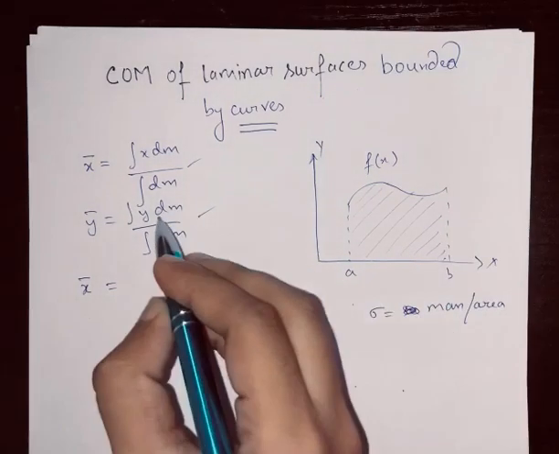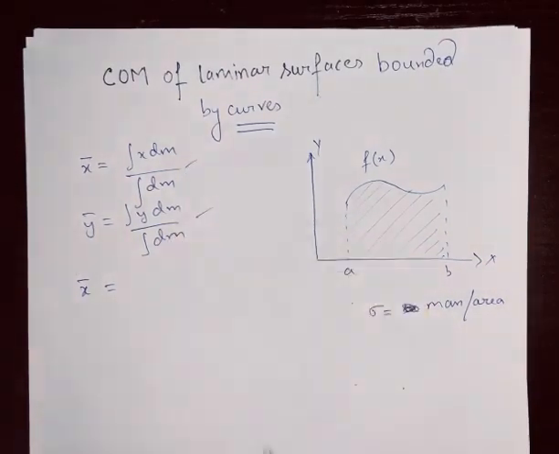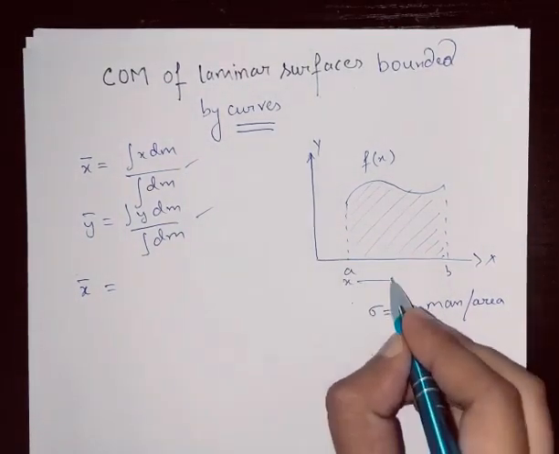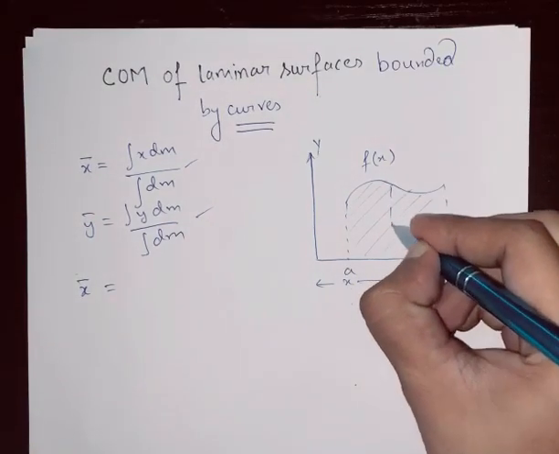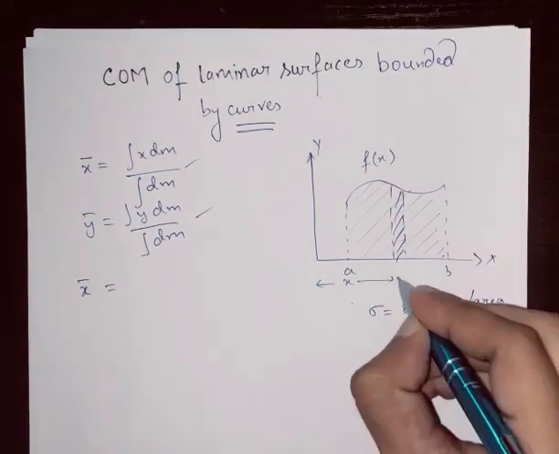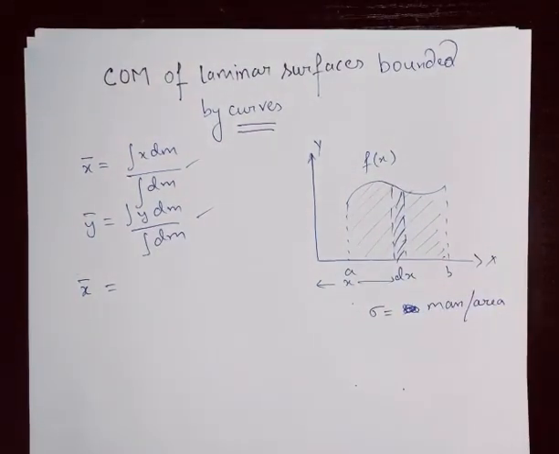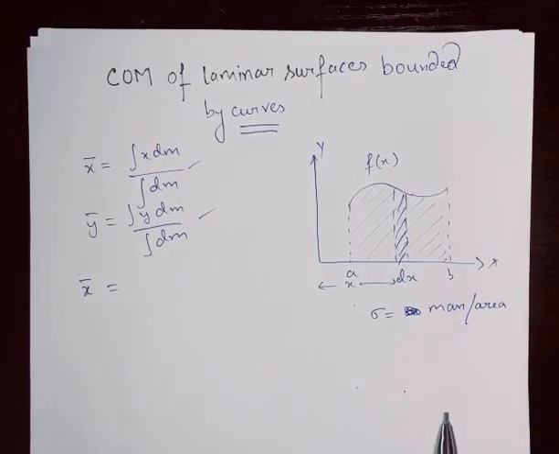So first we will find the x coordinate of the center of mass, and according to our general formula, we will take a strip at a distance x of thickness dx. We have already taken sigma as the mass per unit area.